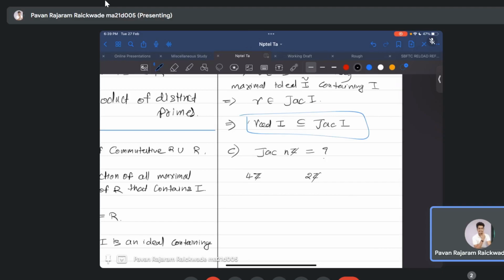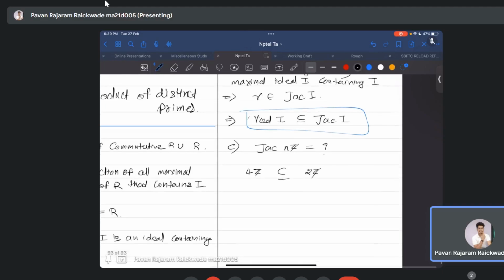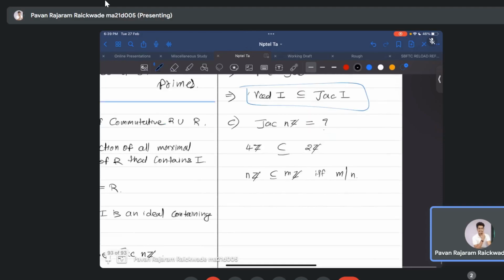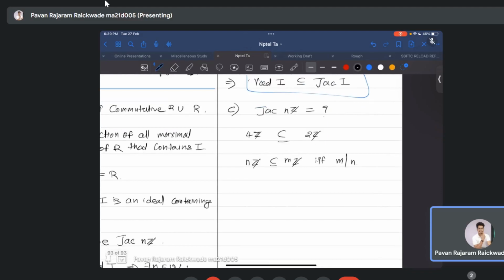Every multiple of 4 is of course a multiple of 2, so 4Z is contained in 2Z. And you observe that 2 divides 4. This is in fact not a coincidence. It is always true that nZ is contained in mZ if and only if m divides n.